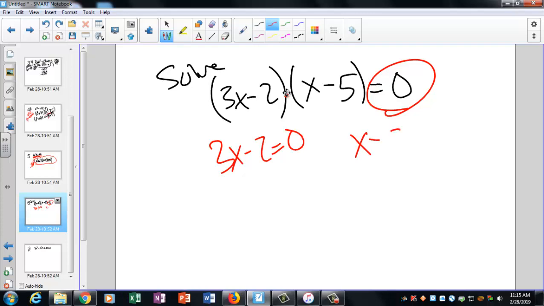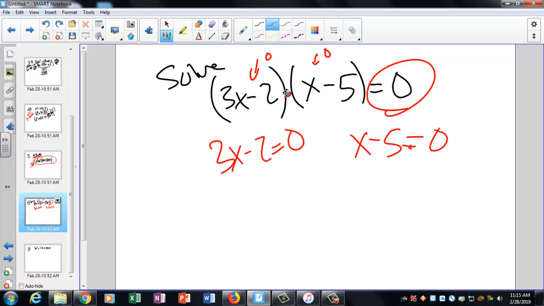You take x minus 5 is equal to 0. And you solve those independently. All right? Basically, what we're saying there is this. If two numbers multiply to give you 0, one of them will need to be 0. I don't care which one. But one of them will need to be 0.